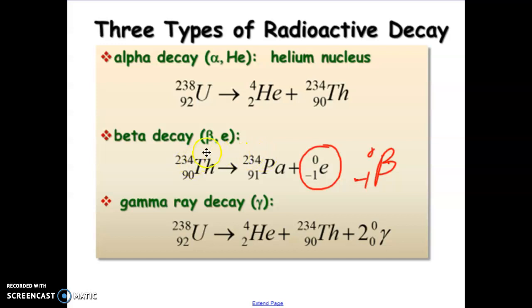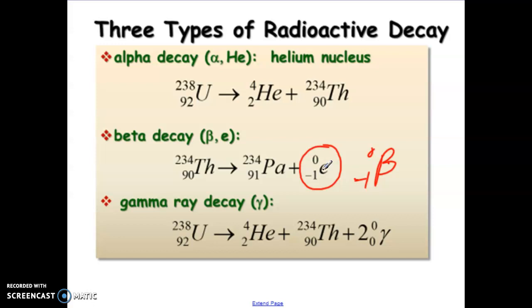So the mass number is not changing. Notice it went from 234, it stayed at 234. The reason for that is because the particle that is fragmenting off of the nucleus this time has no mass at all. In fact, what's happening here is an electron is leaving the atom in this particular case.